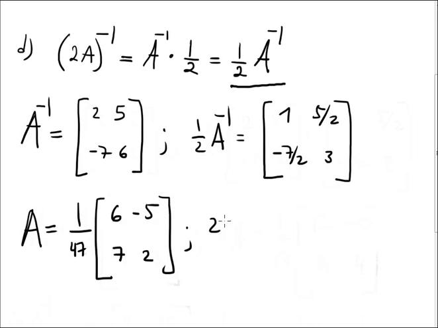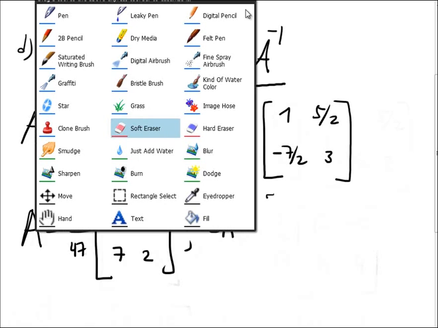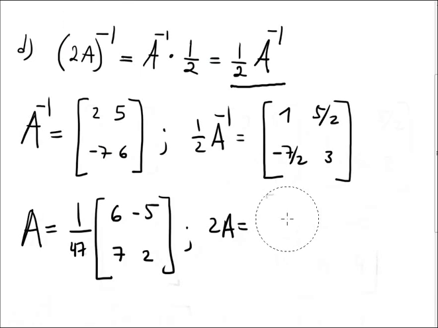Then 2A is multiplied by 2. So it is 1/47 multiplied by 2: 12, -10, 14 and 4.